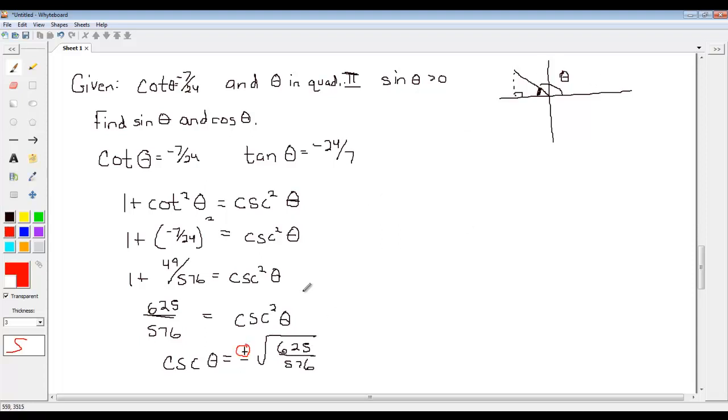So we have the positive square root of 625 over the square root of 576.